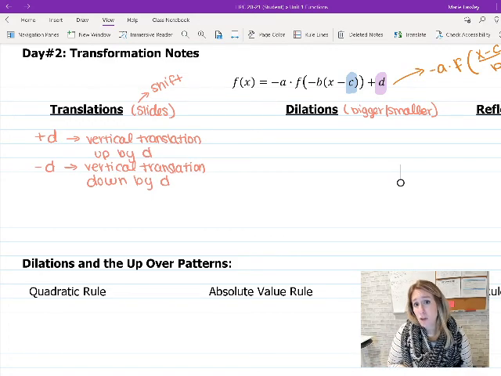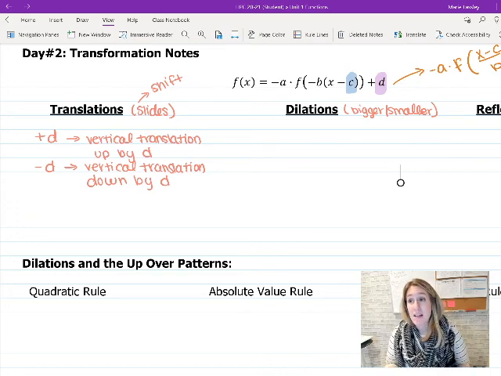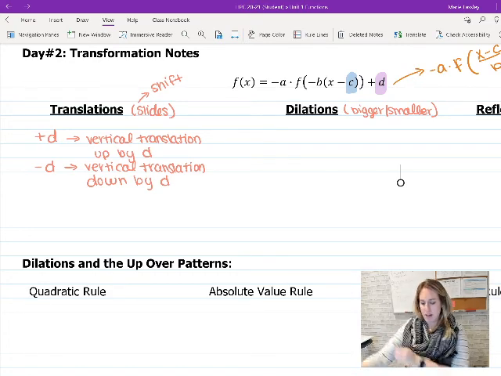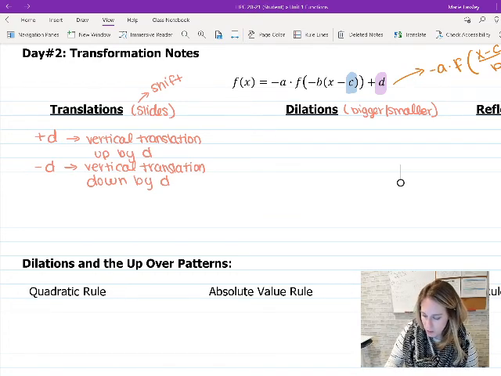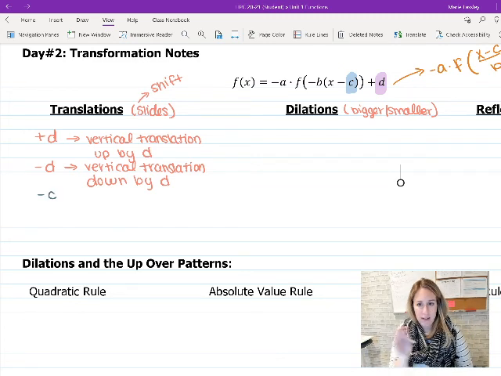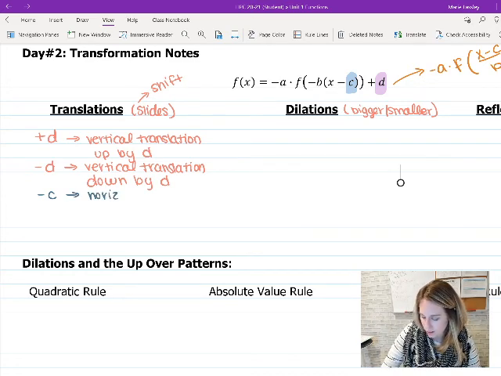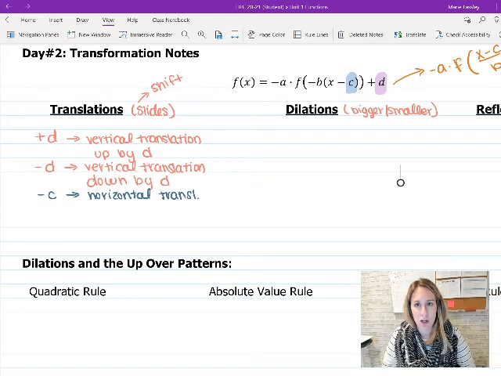Your horizontal translations, all of them, always do the opposite, I feel like, of what you think they're going to do. That's how I always think of them. So if you're subtracting C, if in your parentheses right there you have that minus C, this is actually going to be a horizontal translation. I'm going to abbreviate this because translation is such a long word.